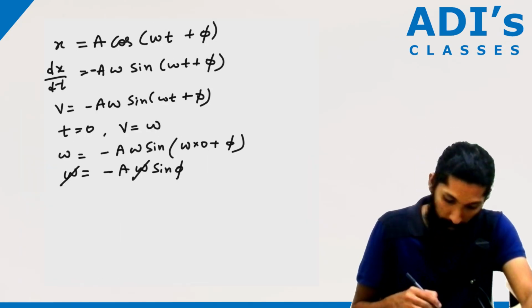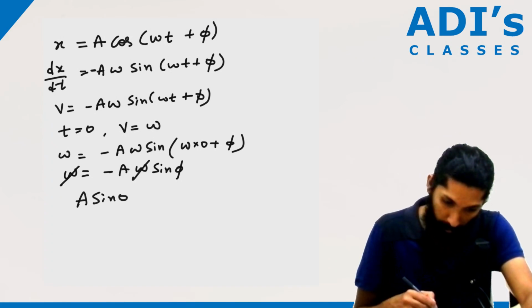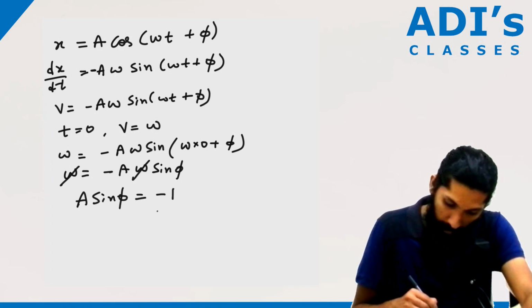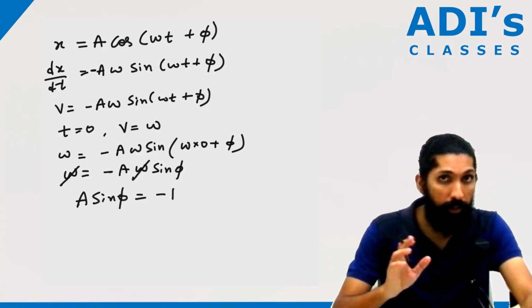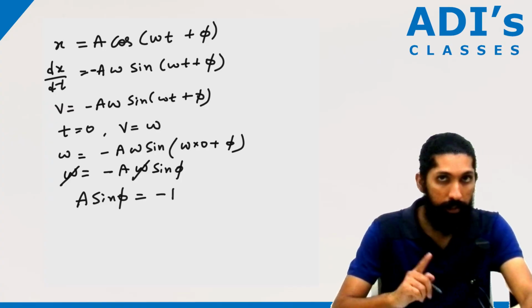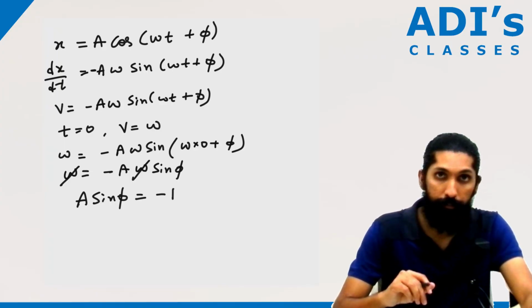Omega cancels, and we get a sine phi is equal to minus 1. We figured out that a cos phi is 1 and a sine phi is minus 1. Now square and add to get the amplitude.